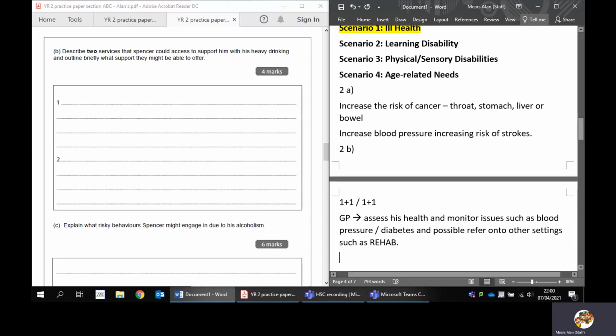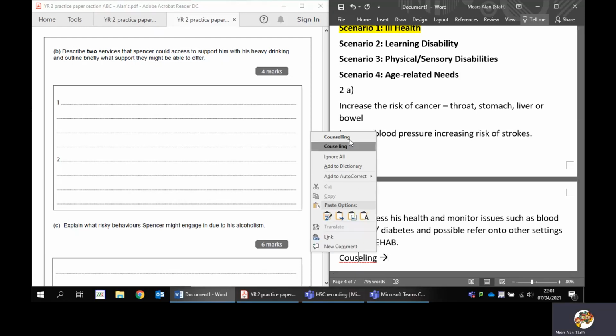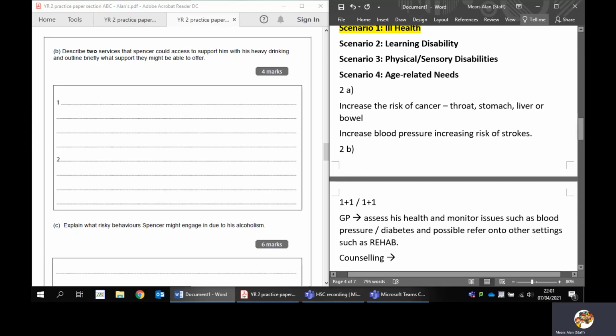A second service, we could maybe look at, let's go with counselling. So another service that he could access to support him.